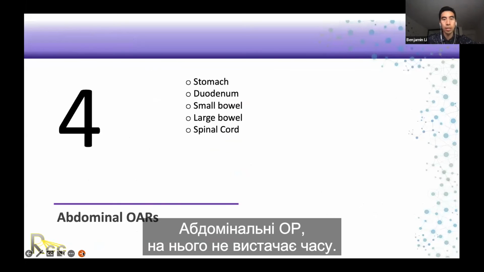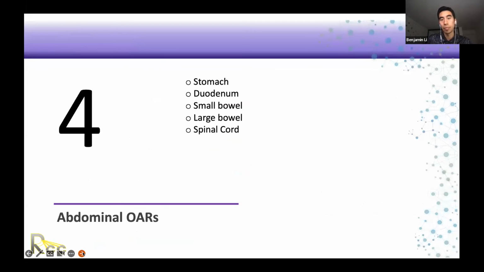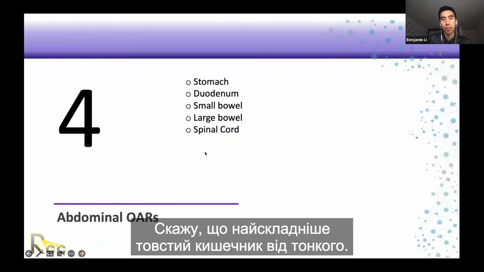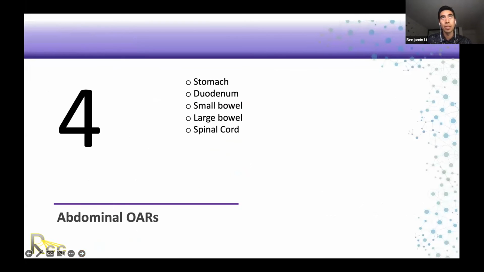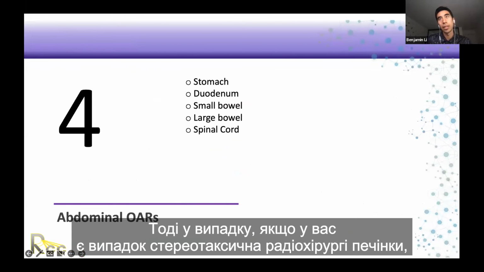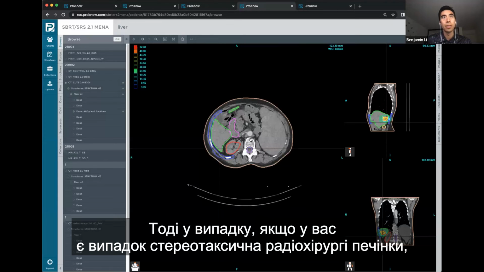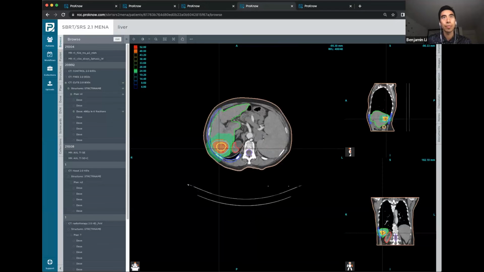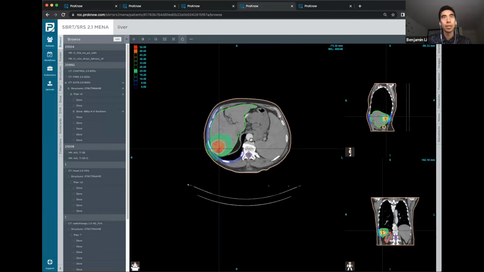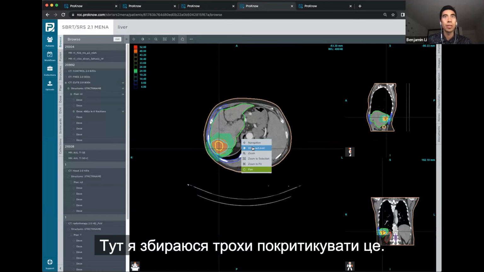Abdominal OARs, there's not enough time to go through these. I will say that the trickiest thing is distinguishing the large bowel from the small bowel. And then in the case that you have a liver SBRT case, here I'm going to critique this just a little bit.